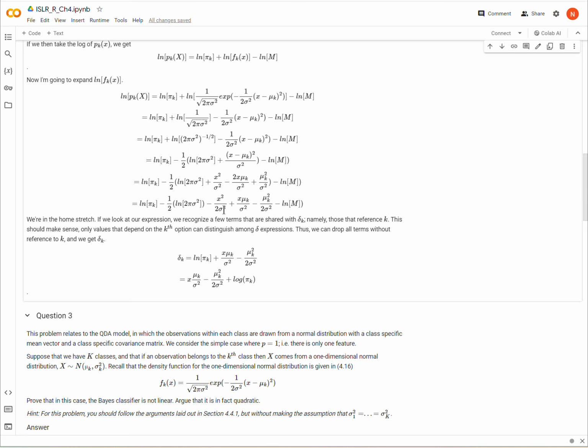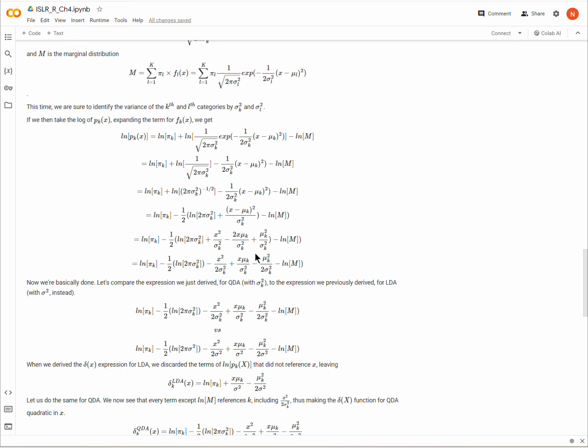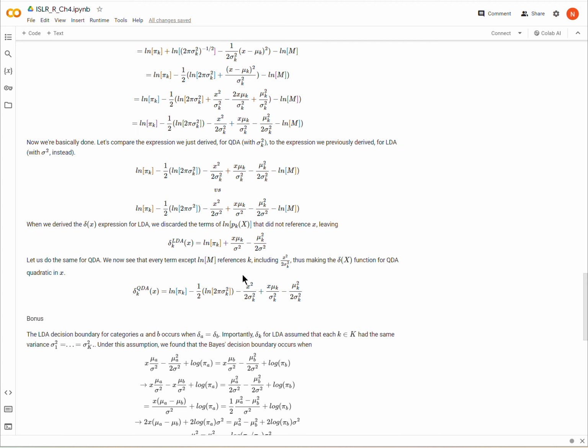Okay, and when we go here, we have a mu k, and so that makes it in there, but the x squared over 2 sigma squared, that doesn't reference k, and so it's not in here, and so on and so forth. Well, this function looks very similar to this function here.